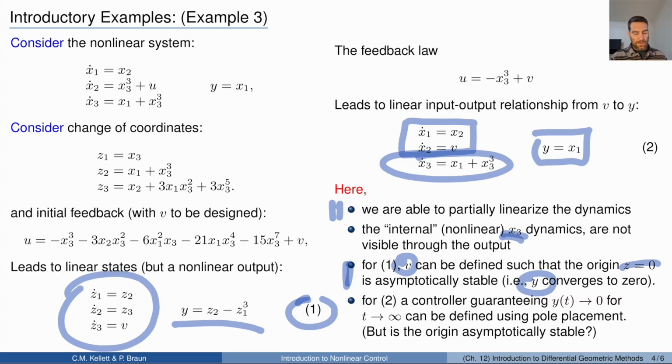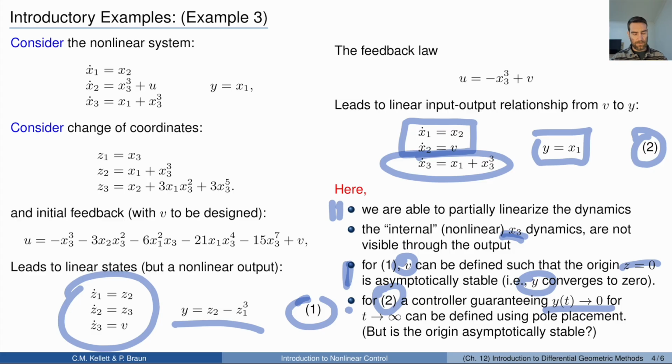However, if we focus on the dynamics 2 here, or the second representation, it is also straightforward to define a controller such that y of t is converging to 0.